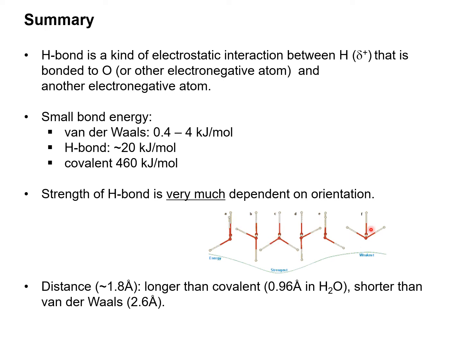And depending on their orientation, the hydrogen bonding can be either weak or strong too. And there's a distance between them that is sort of intermediate between the non-covalent interaction and the covalent bonding.